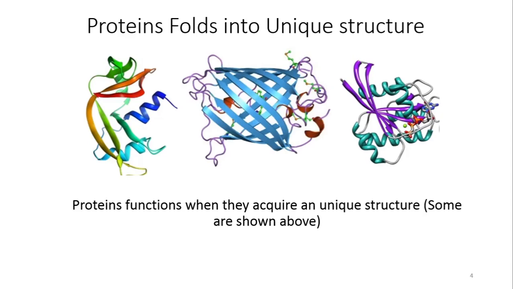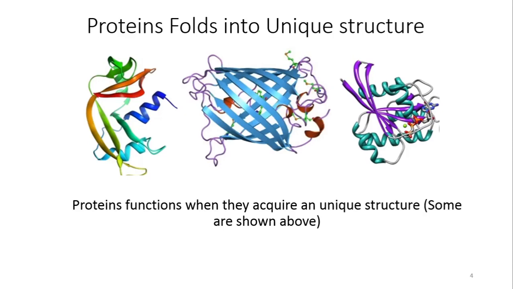All in all, what I want to say is that proteins function when they acquire a unique structure. In the PDB, there is tremendous diversity of different protein folds that are known.